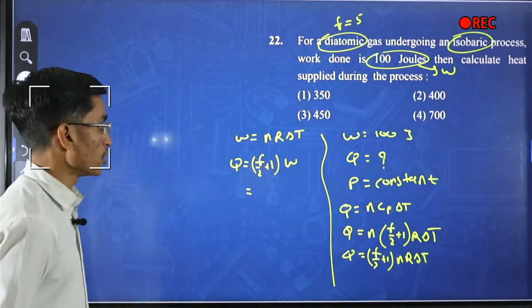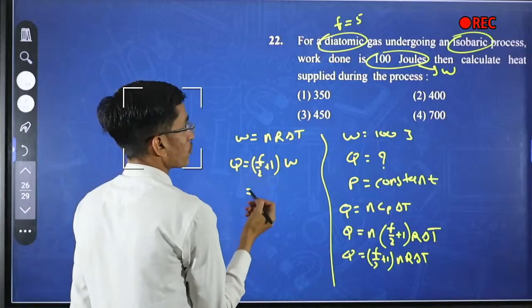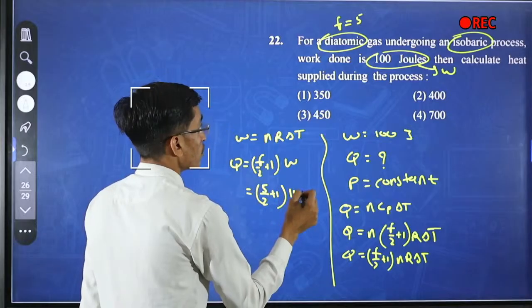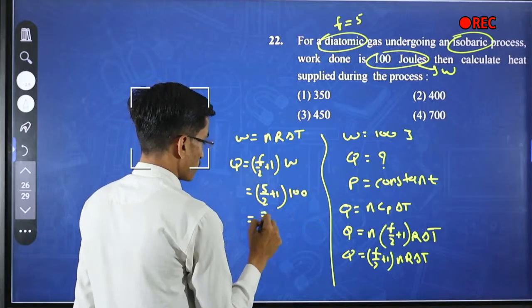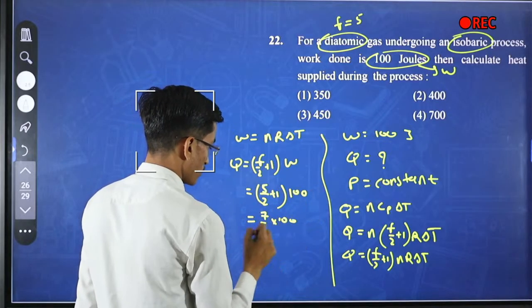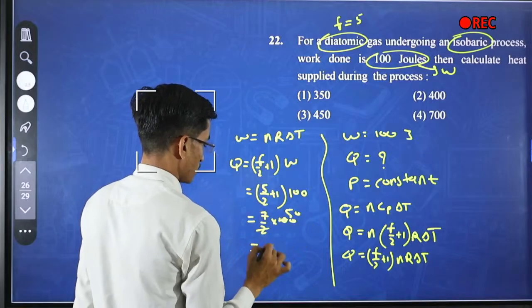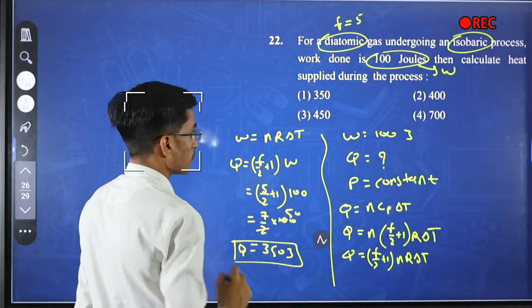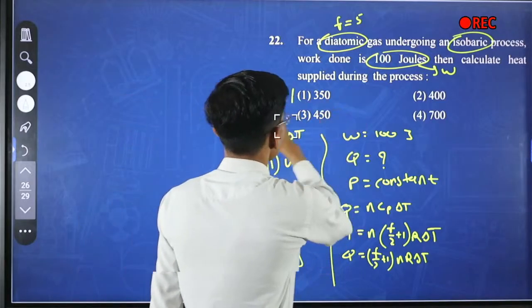So put the value of f and work done. Degree of freedom is 5, so 5 by 2 plus 1 into 100. So 7 by 2 into 100, 50 into 7, which is 350 joule. So supplied heat will become 350 joule.